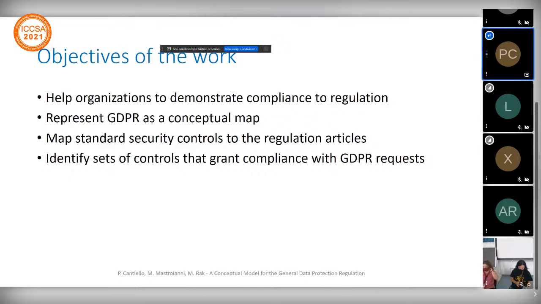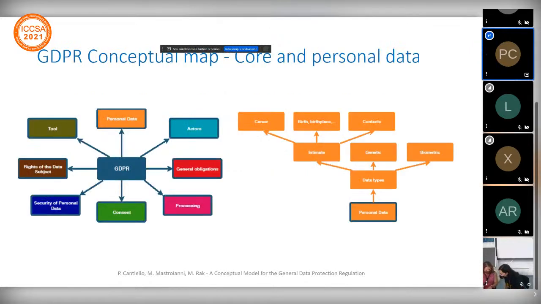In this way, an enterprise can map their process to the regulation and get the security controls they should apply to their process to verify and demonstrate compliance.